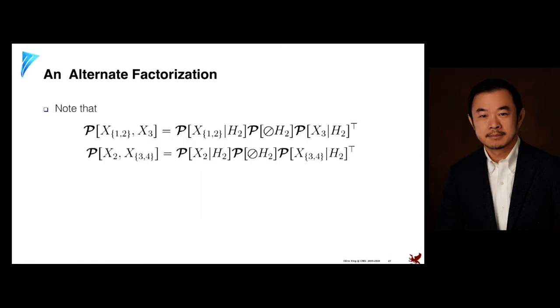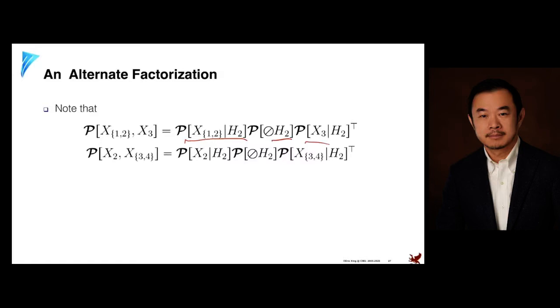You can also express these two using a further factorization with even smaller matrices. And here are just two approaches, right? So the P of x1, x2, x3 can be factorized, can be pivoted basically by H2 and factorized into this matrix and that matrix.